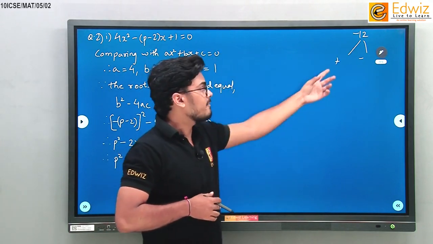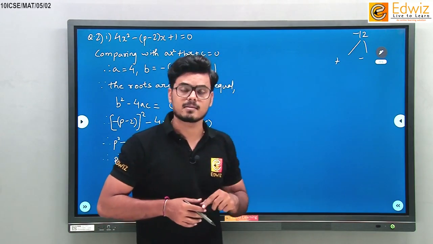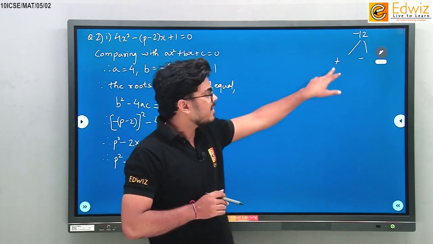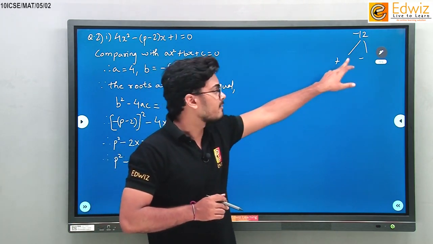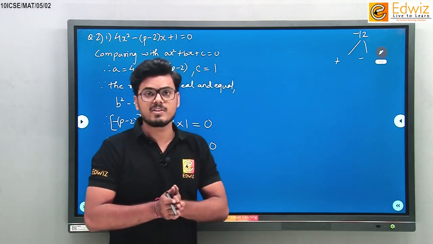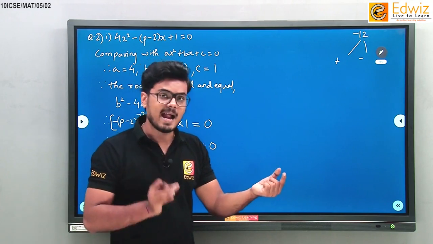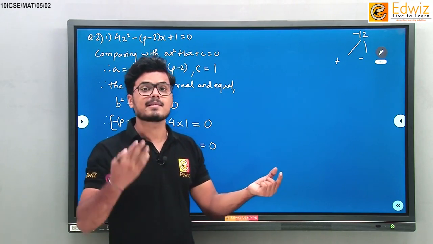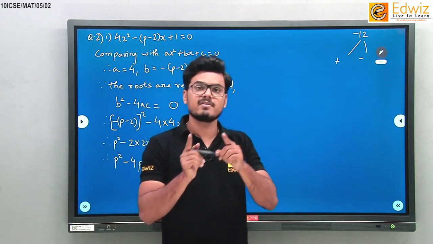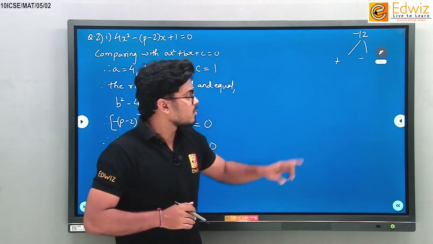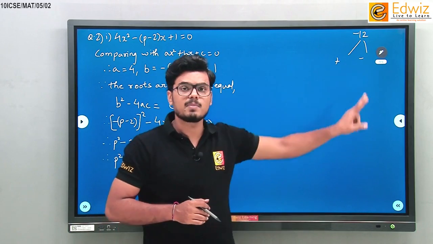Correct? So that's why first decide the sign of your factors. Okay? It will help you to find the correct factors. Now, if I have one positive factor and one negative factor, obviously, when we add these two, they won't get added actually, they will get subtracted. If you have one positive number, one negative number, they will always subtract, correct? So, in these two factors, there will be subtraction.